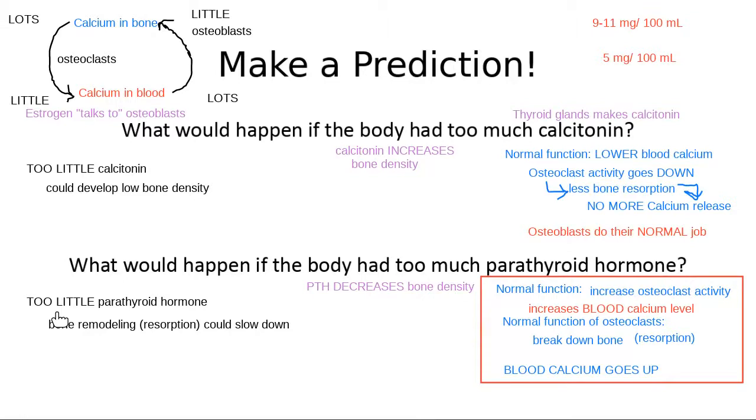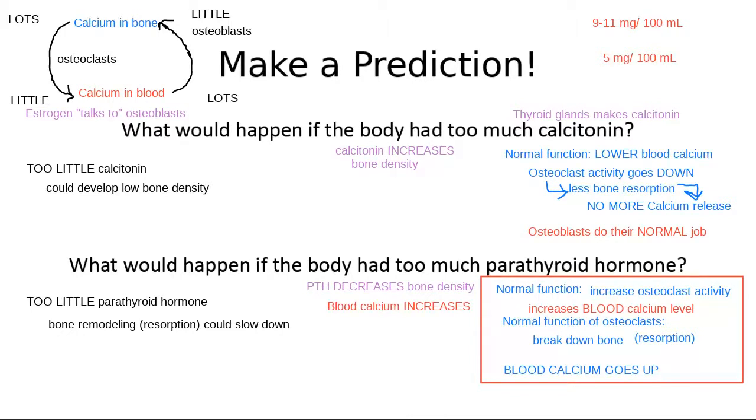Yeah, so if I have too much parathyroid hormone, my bone density is going to go down because I'm stealing all of that calcium to go into the bloodstream. So two things happen. First thing, my bone density decreases. And Gloria is absolutely right. The second thing that we should probably add is if I've got too much parathyroid hormone, my blood calcium would increase. It would go up too high.